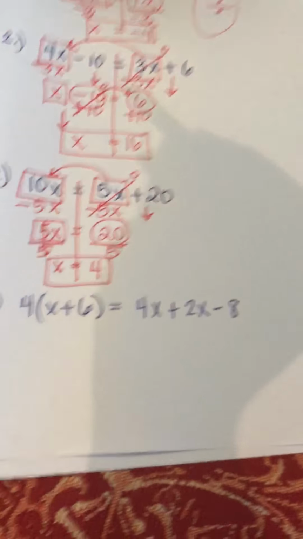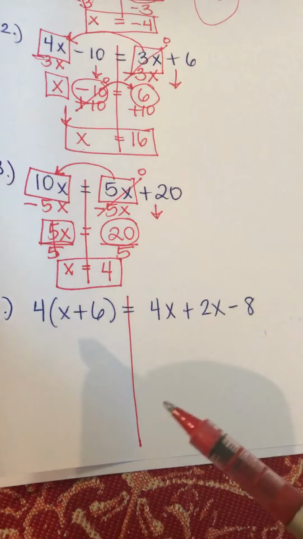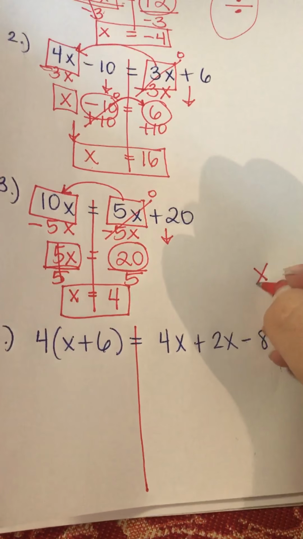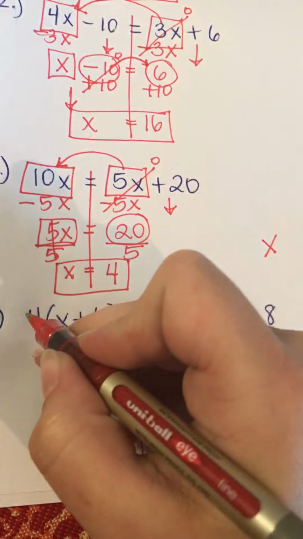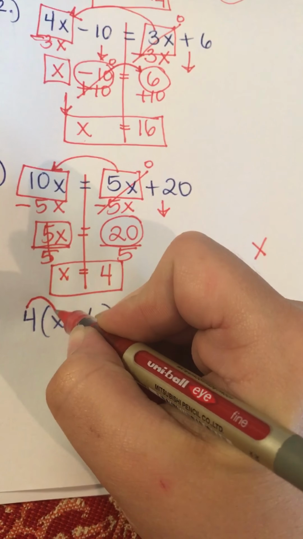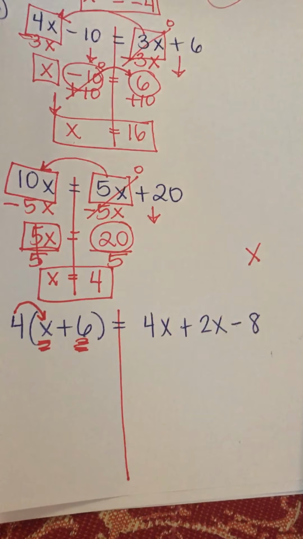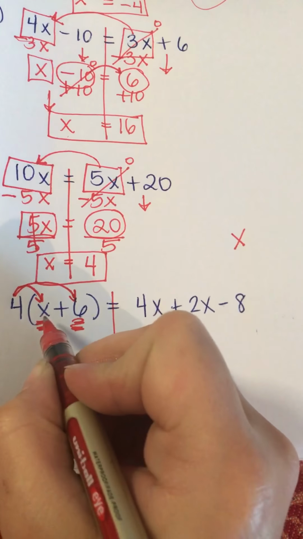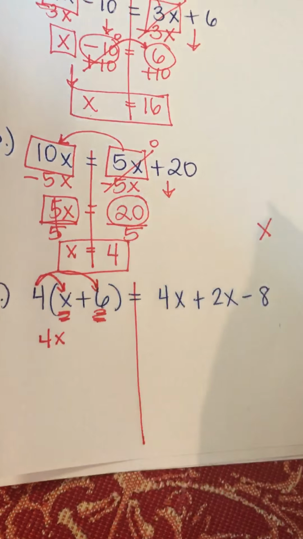All right, and then the last one is a little bit longer. Today we talked about the distributive property, and the distributive property means we multiply. Remember, this is multiplication. So what I want to do is I want to take this 4 and I want to multiply it by x, and I want to multiply it by positive 6. So first, 4 multiplied by x gives me 4x.